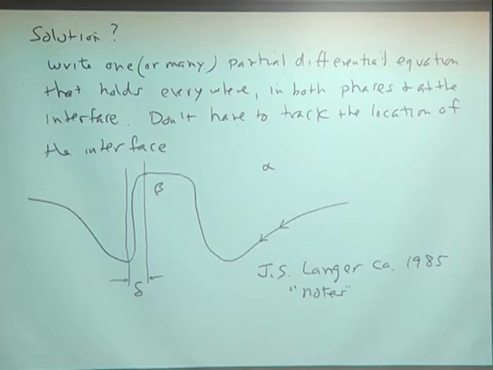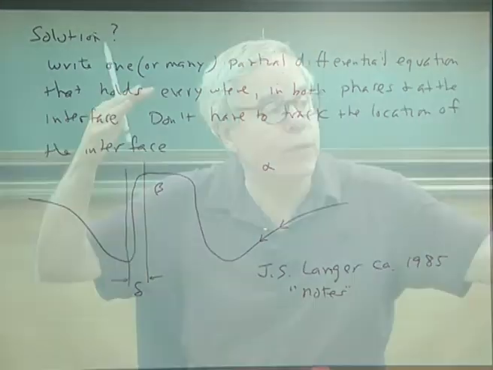So you have about a factor of 10 to the third difference in the length scale between delta and the particle you're interested in. And if you have a factor of 10 to the third mismatch in length scales between delta and the particle you're interested in, you can imagine how many mesh points you need in a calculation to resolve this thing, as well as these very, very long range diffusion fields.